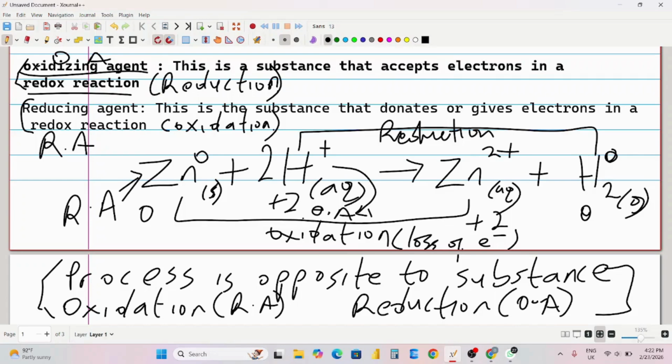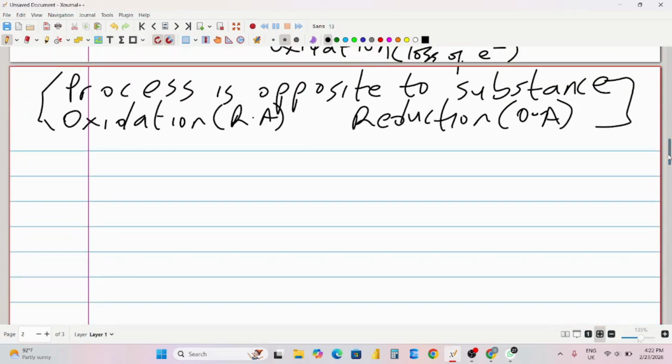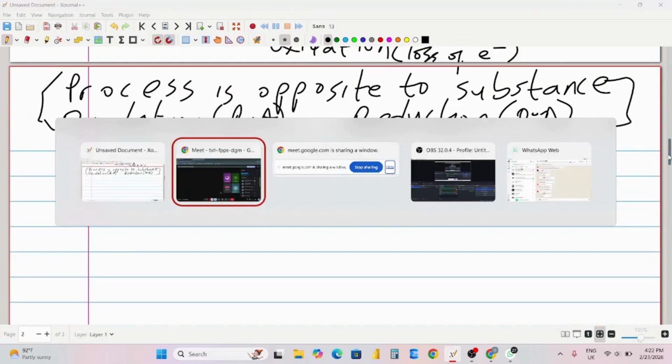Seeing this now, let's see whether we can attempt one or two questions on this topic. But before we go, let's take another example where we have been asked to identify oxidizing and reducing agents.